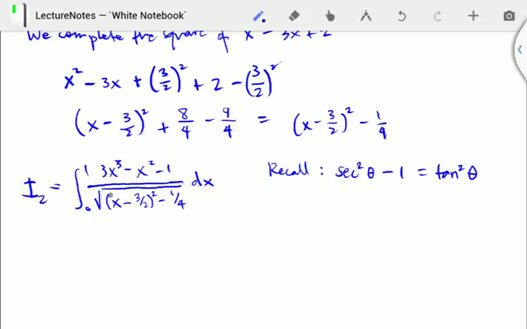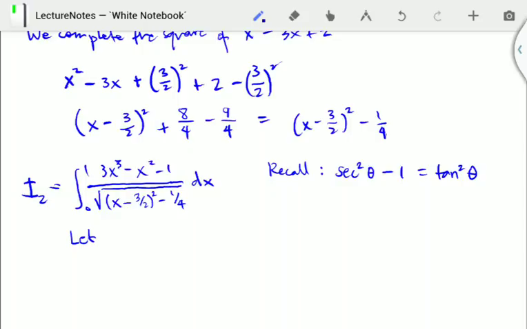Okay, so that looks like what we have here in the denominator, but not exactly, because this is sec squared right here. Then you have there (x minus 3/2) squared. Okay, and of course it's not really minus 1, it is minus 1/4. But what we can do is, in order for that minus 1/4 to be taken out, we can do the substitution as follows.